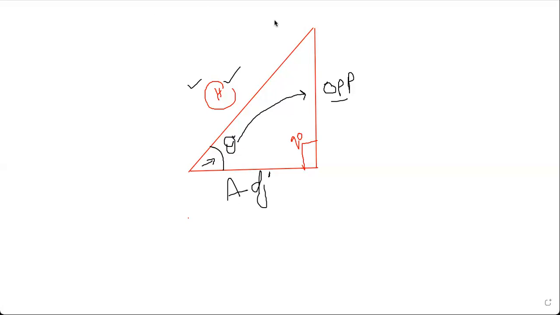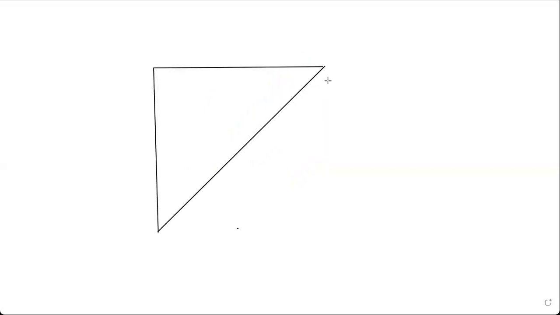For example, this is a triangle. This is your triangle. Okay. So for example, this is a 90-degree angle. I have marked this one.